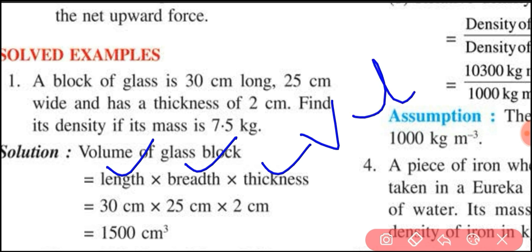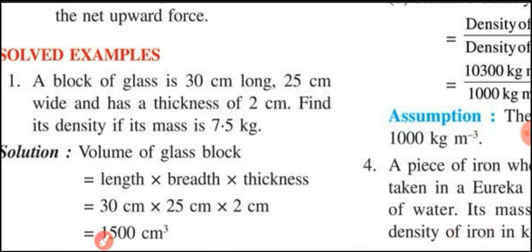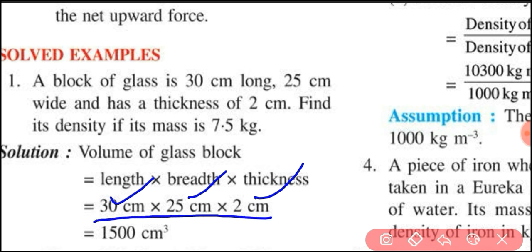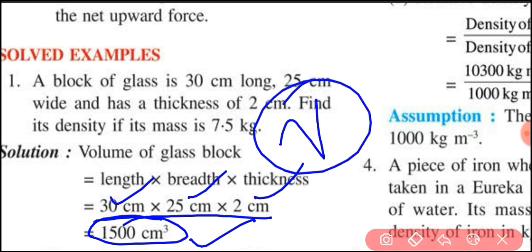Then what is the equation to find out volume? L into B into H. Then here, length is 30 centimeter, breadth is 25 centimeter, and thickness is 2 centimeter. By multiplying these three together, we will get the answer 1500 centimeter cube. So now we got V, volume we got.